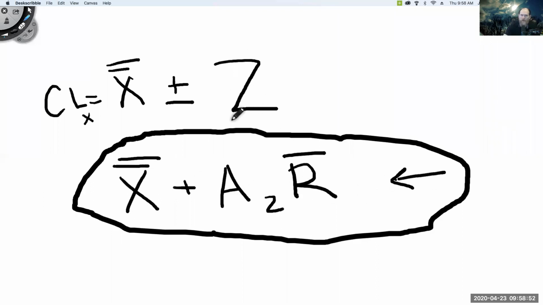So even though we know Z, the R chart can only be done with its table, which is built off of Z of 3. So we might as well go ahead and use this chart, which makes sense. So we're using this. We're going to build this formula. Actually, this should be a minus here, plus or minus, plus for the upper, minus for the lower.